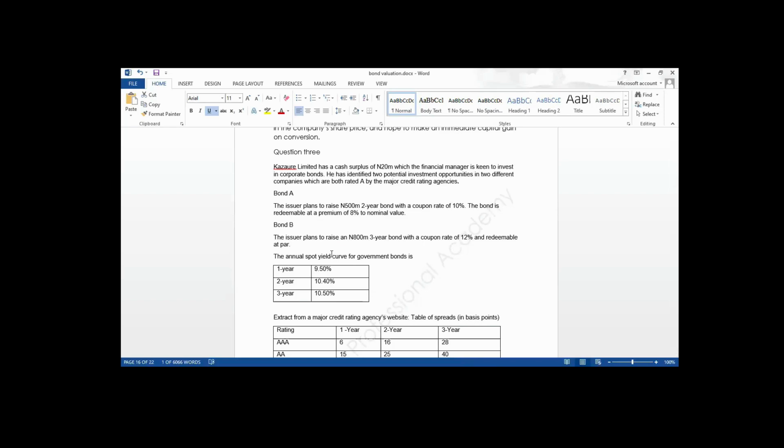What is the coupon rate? What is the face value? What is the redemption value? The maturity date, 3 years.